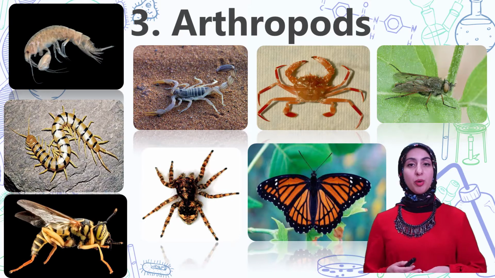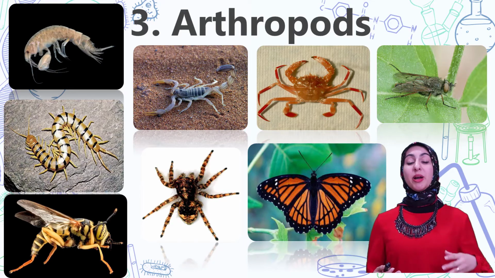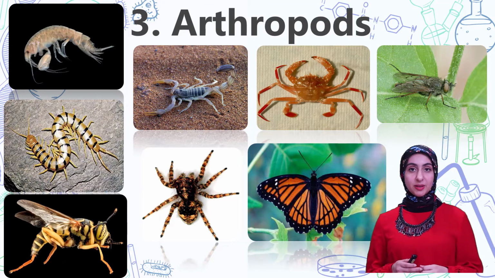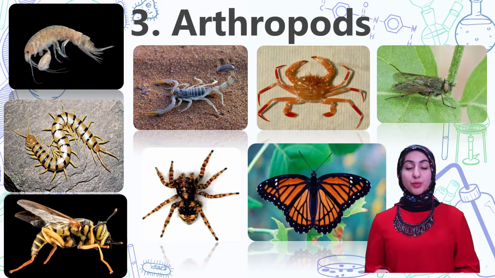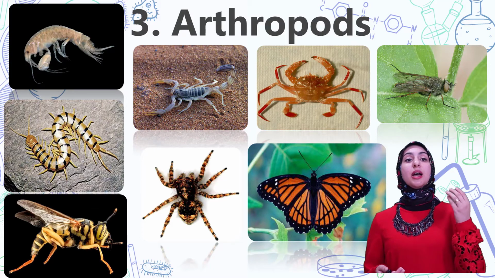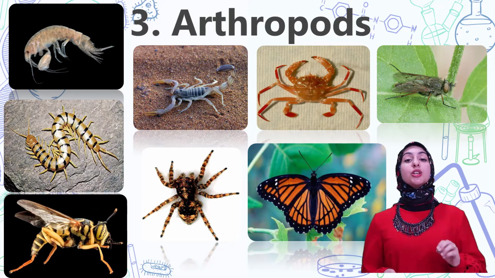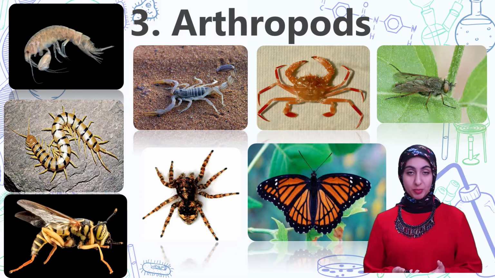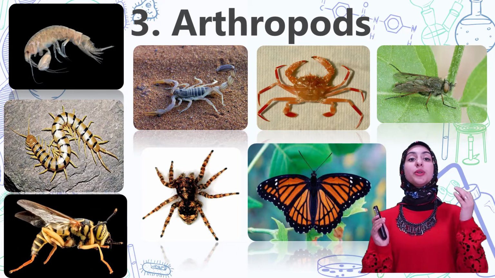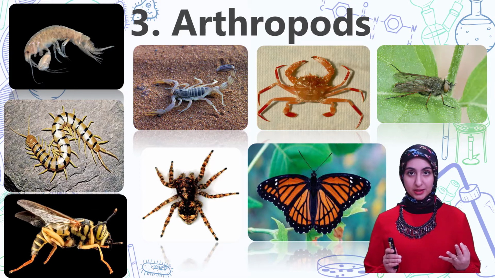Number 3, arthropods. Arthropods group, as you can see, it has a lot of invertebrates, like butterflies, bees, flies, crabs, scorpions, spiders. So it has too many invertebrates. But all these invertebrates, they have 3 main characteristics.